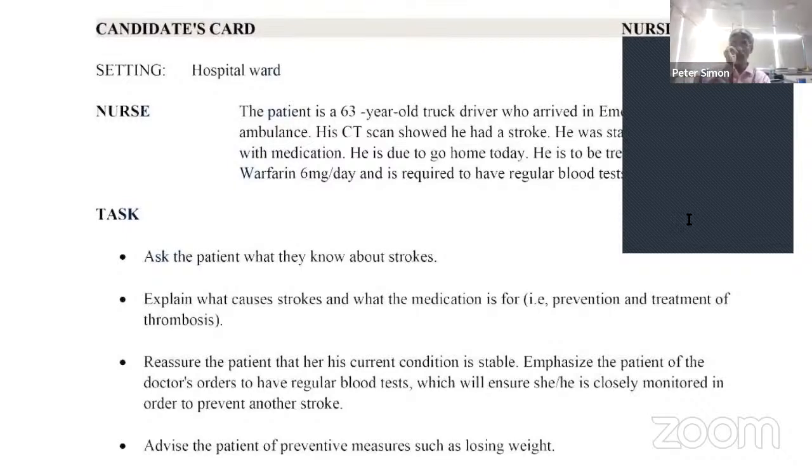So you have to explain the causes of strokes, and talk about medication for the present treatment of the present condition, and also prevention for the future, like long-term treatment with warfarin for prevention in the future. So two things are different here.